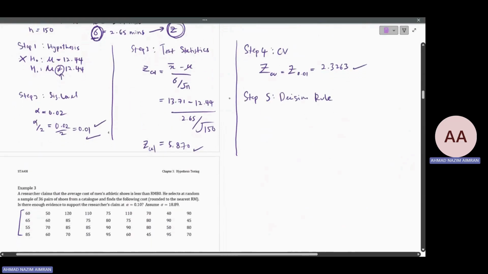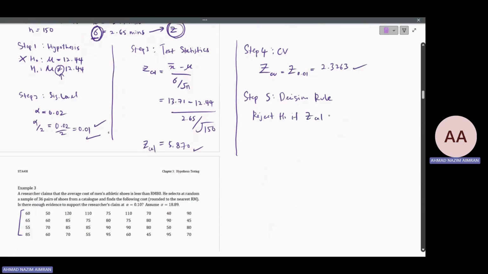Our decision rule is reject H null if Z calculated is greater than the Z critical value, this is for the right tail, or if our Z calculated is less than negative Z critical value. Okay, this is for the left tail. Remember, we are testing at both tails of the distribution.